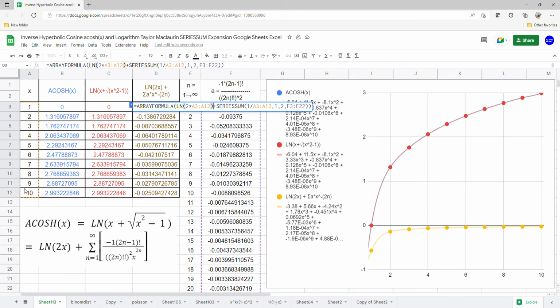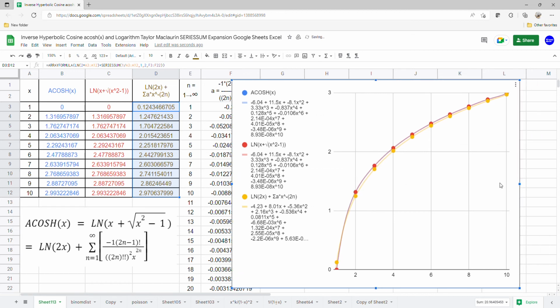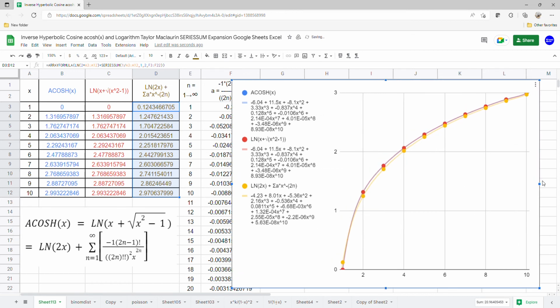And enter. Their values are almost the same. This is a good approximation because the trend lines are collinear and their polynomials are almost the same.